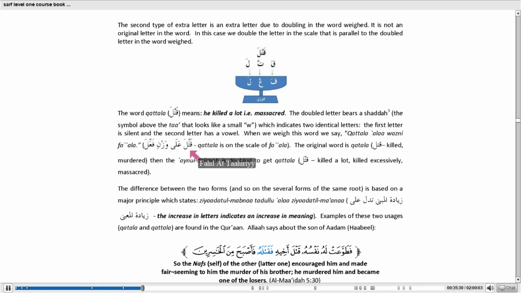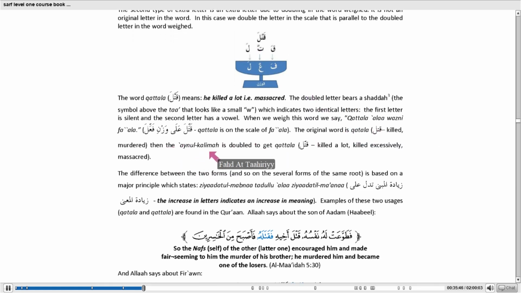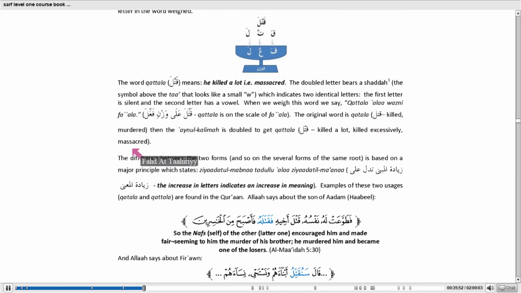So قتّل is on the scale of فعّل. The original word is قتل, without that doubling, which means killed, murdered. Then عين الكلمة is doubled to get قتّل, which means killed a lot, killed excessively, massacred, etc.